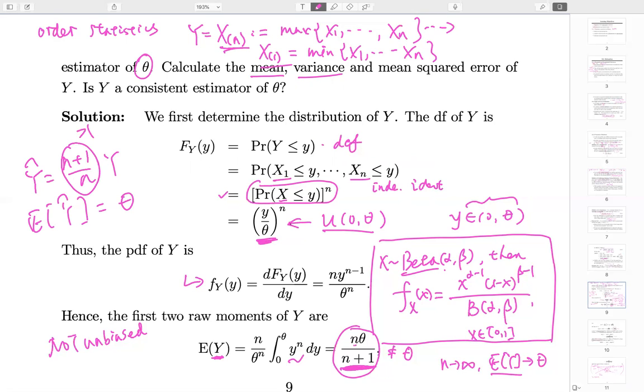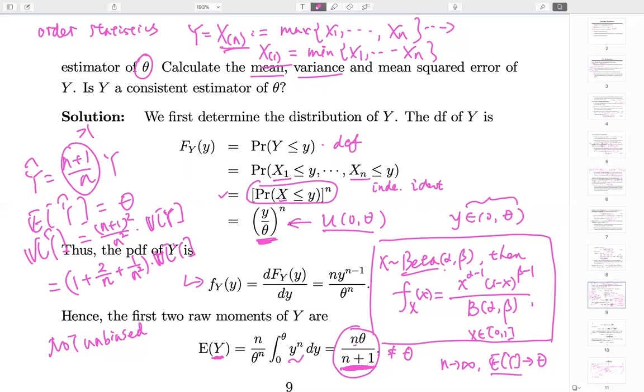So when I get an unbiased estimator, the variance obviously blows up. If you do a little simplification on this result, you will see this will be 1 plus 2 divided by n plus 1 over n squared.